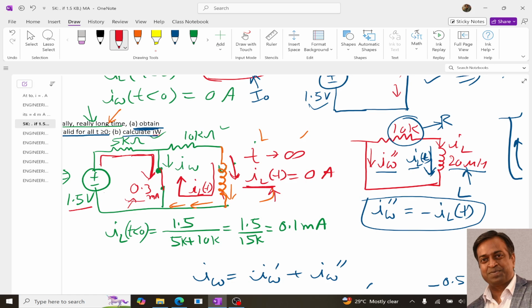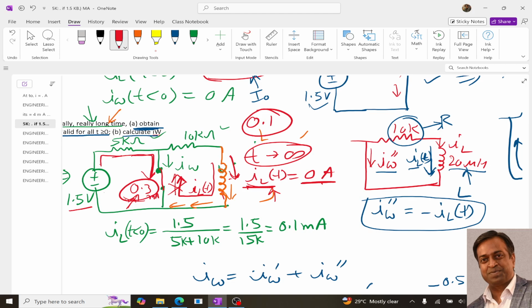In the starting, the value of ILT is 0.1 milliampere. So this 0.1 milliampere reduces this current to 0.2, that is 0.3 minus 0.1, because the current directions are opposite. But as time increases, at t equals infinity, this ILT current becomes 0, so there is nothing to deduct, and this 0.3 current will remain as it is.